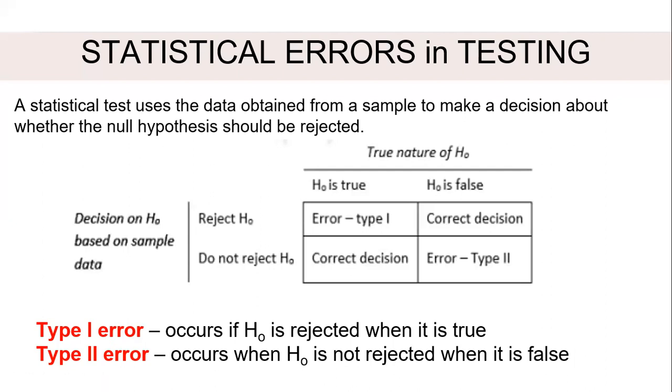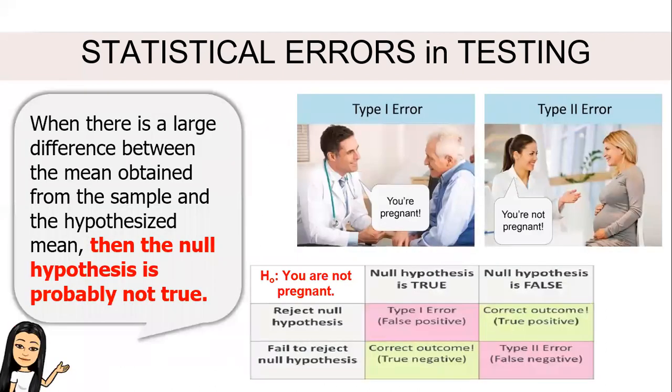Okay? So to know more about this, let's have the following. For example, you are a doctor. This guy is a doctor, and he is talking to a male patient. Let's say your null hypothesis is you are not pregnant.